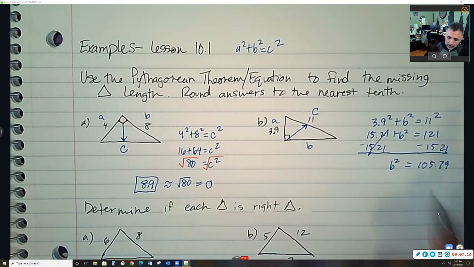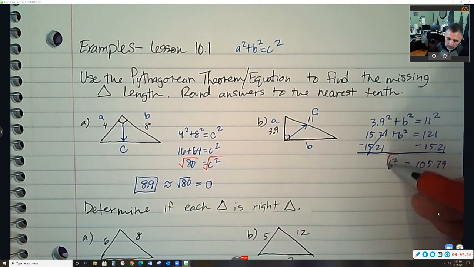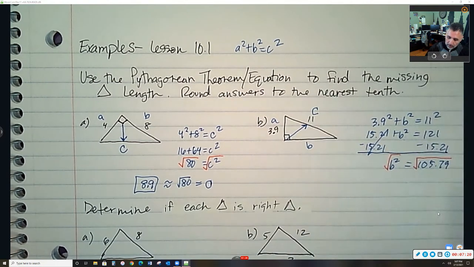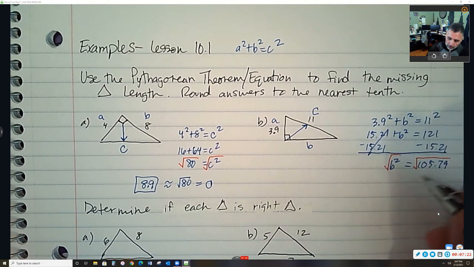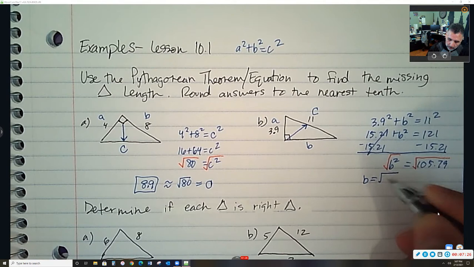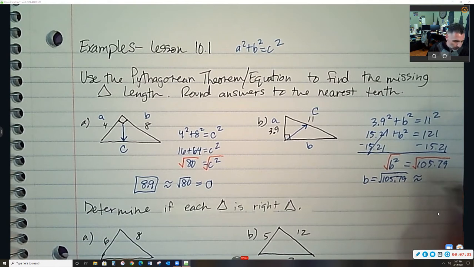And then remember, to get 1b, you have to take the square root of both sides. Then you have, I'm going to scoot it over a little, b equals the square root of 105.79. Type that in the calculator, and you get 10.3.